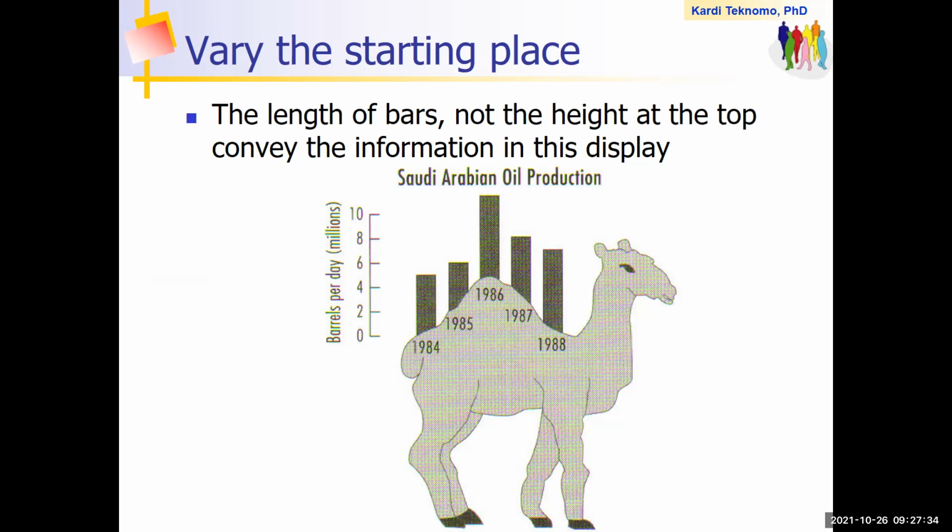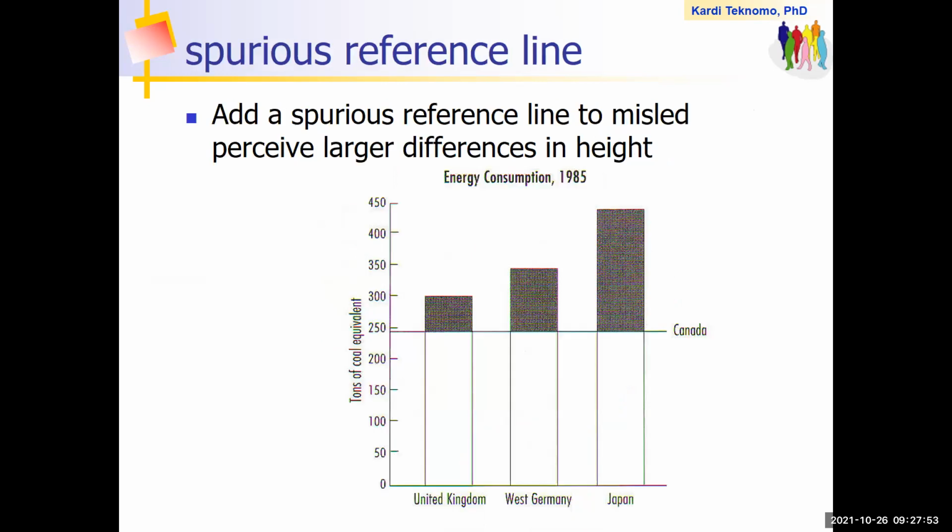So this is actually a clear, blatant lie. If you vary the starting place, you will have a perception as if they are higher, but this is a clear lie, unlike the earlier scaling and width aspect ratio. Here it is clearly a lie.